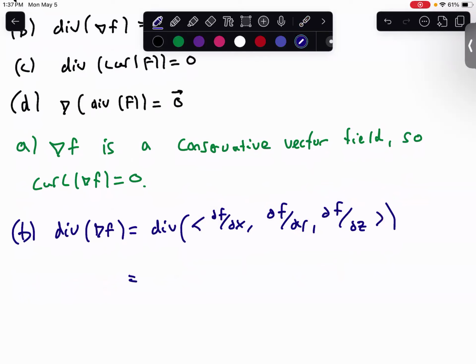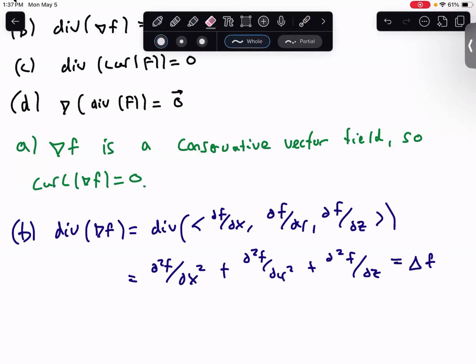So this is going to be the second order partial of f with respect to x, plus the second order partial derivative of f with respect to y, plus the second order partial derivative of f with respect to z. And then I think on the group work, we said this was also equal to the Laplacian of f.